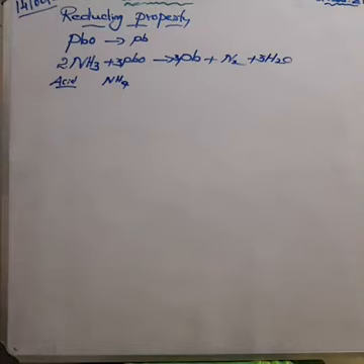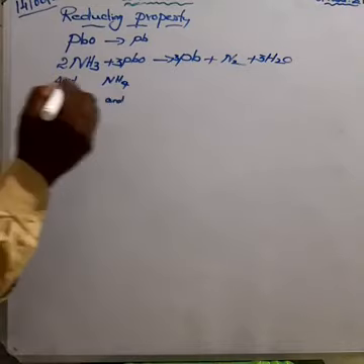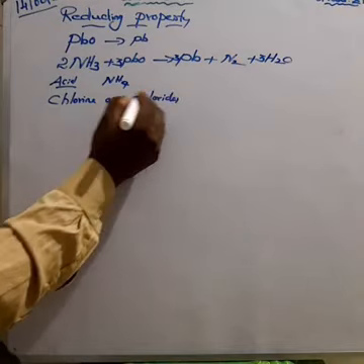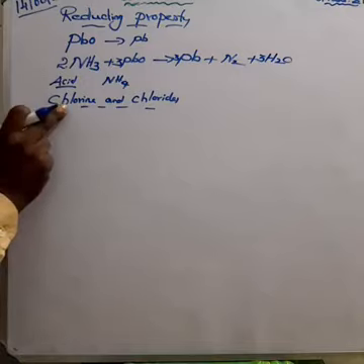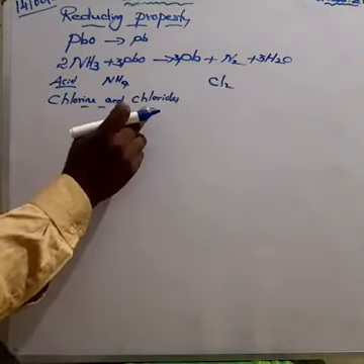Next, the reactions with chlorine and chlorides. What happens? Ammonia reacts with chlorine, and ammonia reacts with chloride. Can you understand the difference? Chlorine means Cl2.